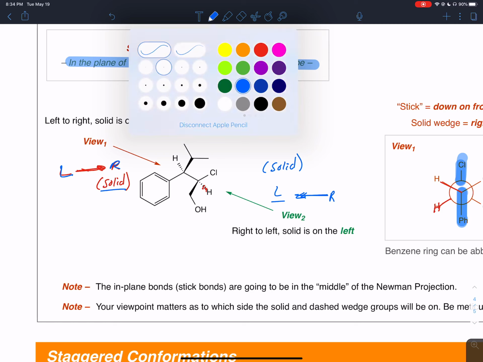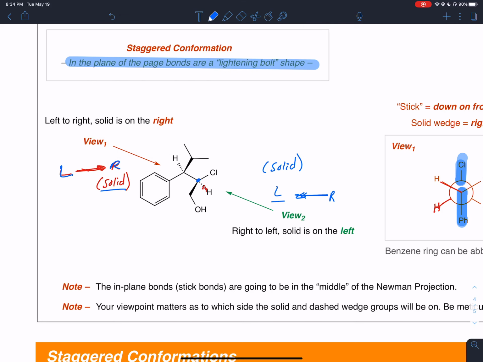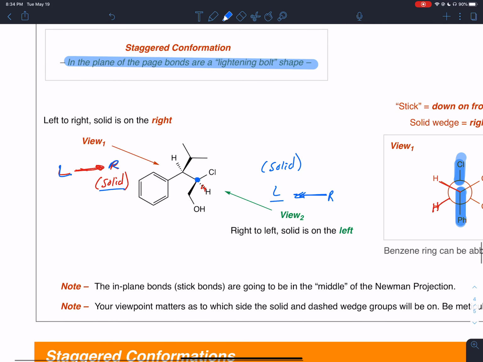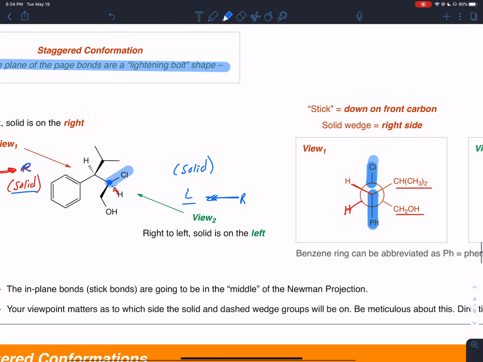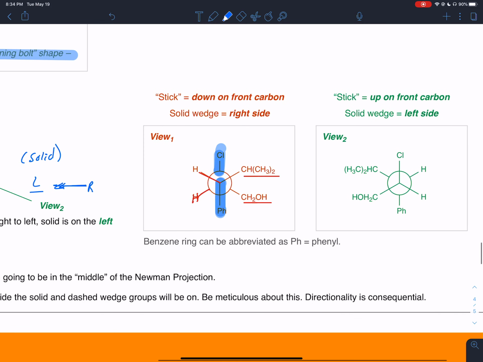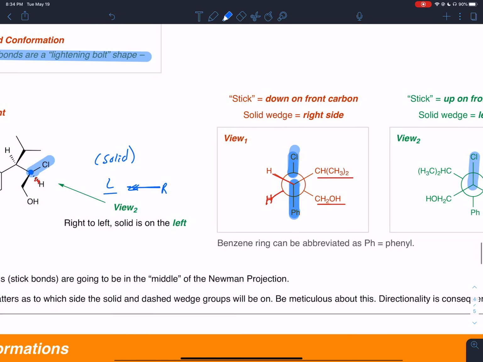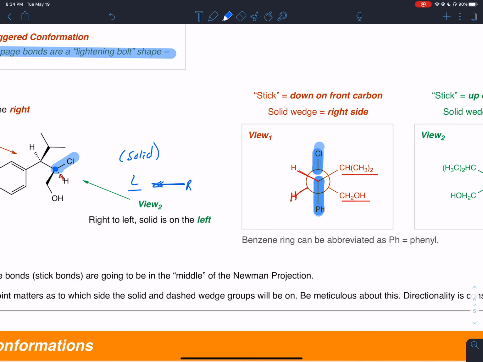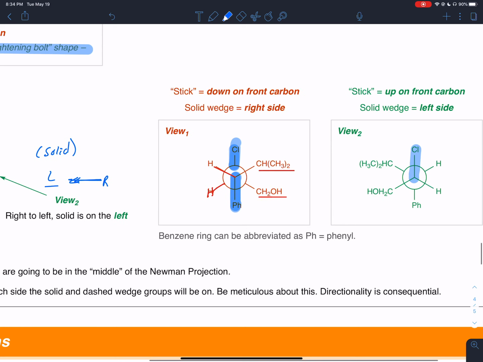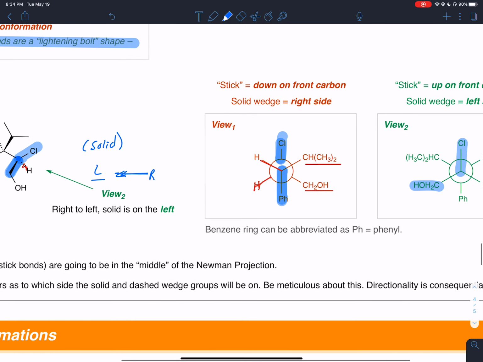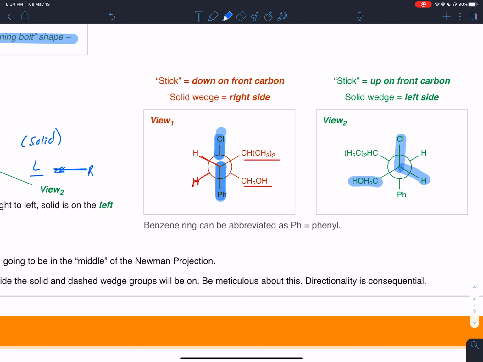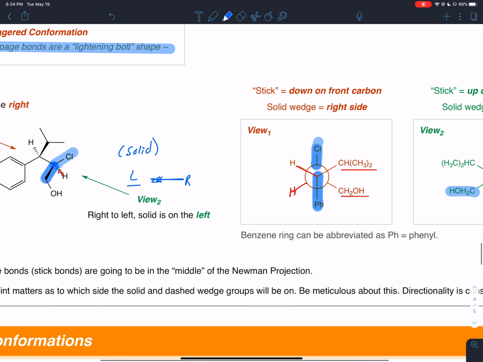Notice how on the front carbon, this guy right here, the chlorine is pointing up on the page, pointing up on the page. Therefore, in the Newman projection, it is pointing up. If we're looking from right to left, the solid wedge will be on the left side. Our CH2OH is on the left, which means that the hydrogen on that dash wedge is on the right side of the Newman projection.